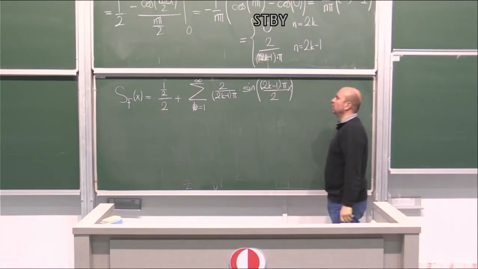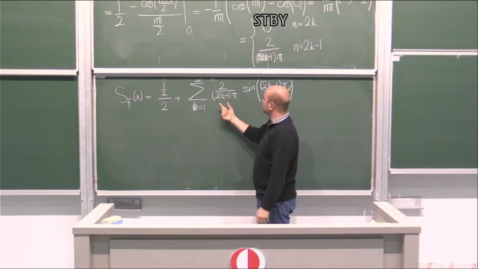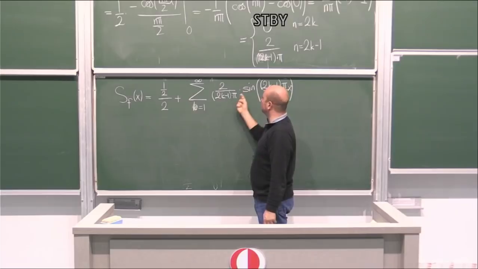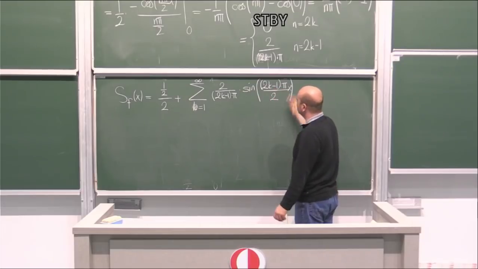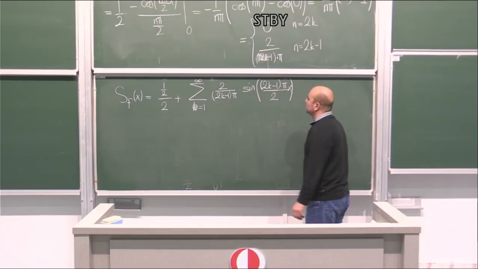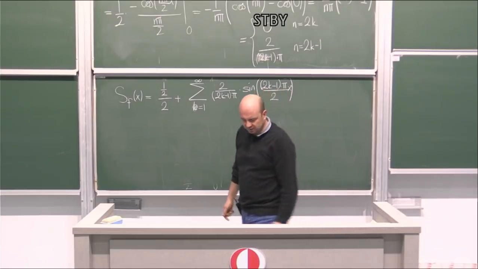So this is your Bn. I just took the non-zero terms, because the others are all 0. That's the reason we have here all odd ones. Even ones disappear because their coefficients are 0. So this is the Fourier series of this function.